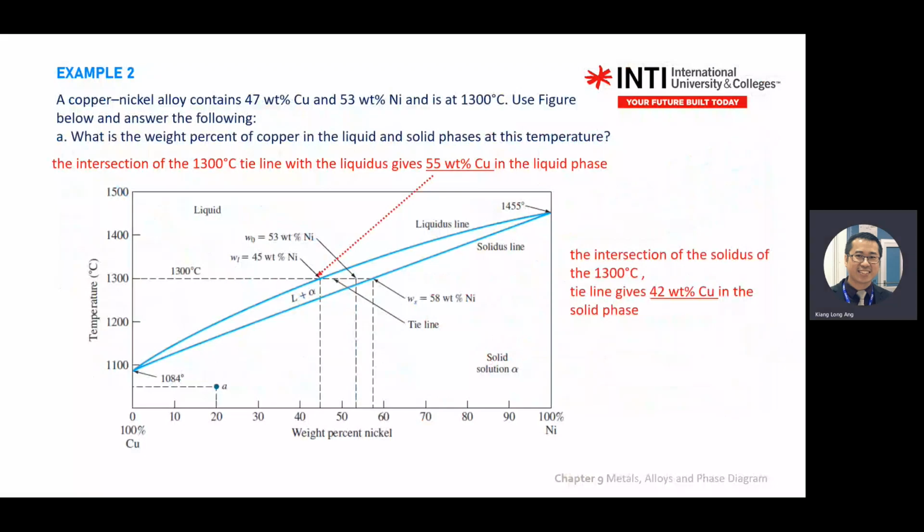If the question asks for nickel, then you change to nickel. So here we focus on copper. So we stop at 55 at liquid, and the other one is how many percent? Here, the solid one is at 42% copper. Okay, 58 is nickel. We focus on copper now. So we have 2 points there.